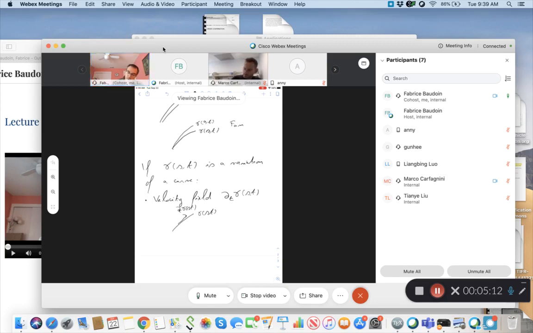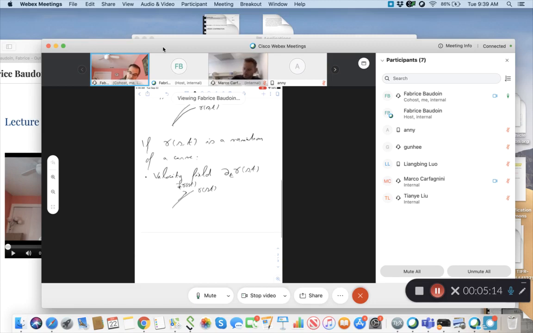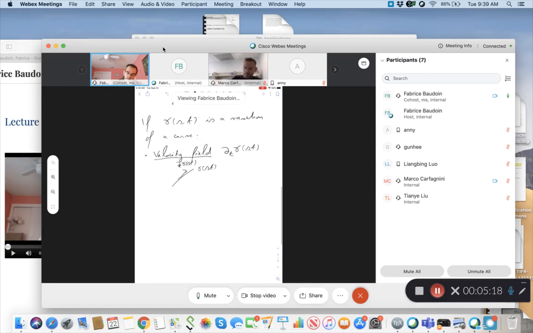And the second field, which is important, associated to the variation, is the so-called variation field. This is a field which is transverse to the velocity field, and this field describes how the curve gamma moves around in the manifold.